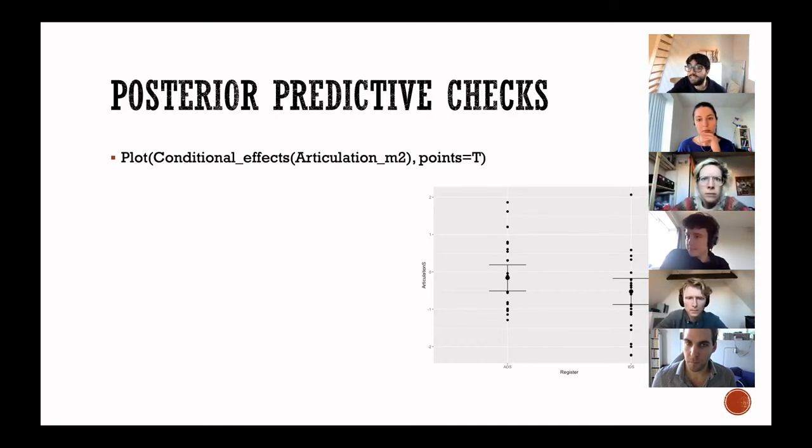So we can see how well it's capturing the data and if there is any obvious bias. Of course, we should expect the real data to be broader because this is just the mean, the expected average across participants. But as far as I can see, given the limited sample size, there are no obvious biases in terms of over- or under-predicting one or the other, right? I don't know if you see something else.